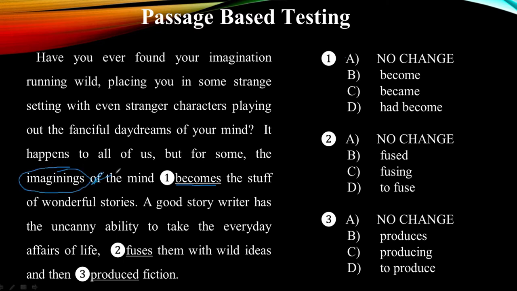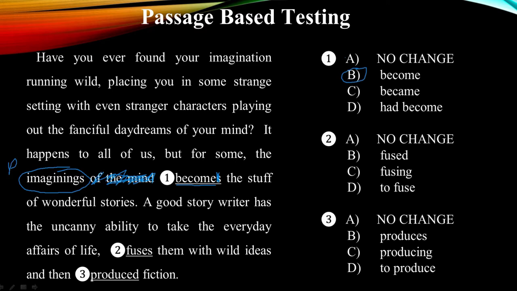Remember that we do not pay attention to prepositional phrases when we are trying to analyze subject-verb agreement. So while it might sound good to say the mind becomes, it has nothing to do with reality. The subject is imaginings, and that is plural, and therefore your verb must be plural, so you cannot have it ending in S. It has to be imaginings become. That would be choice B.